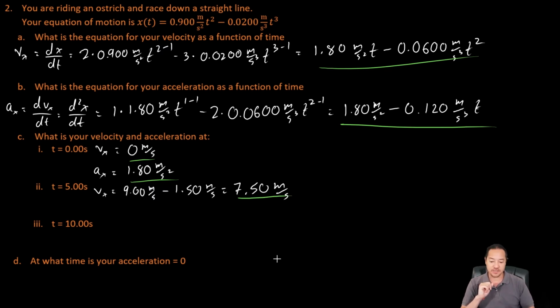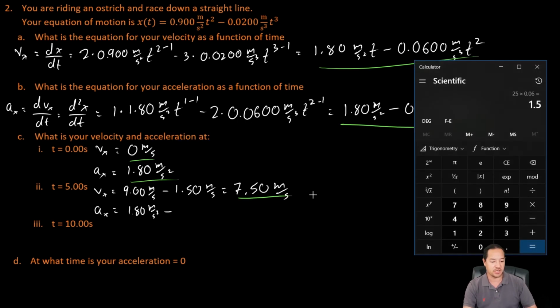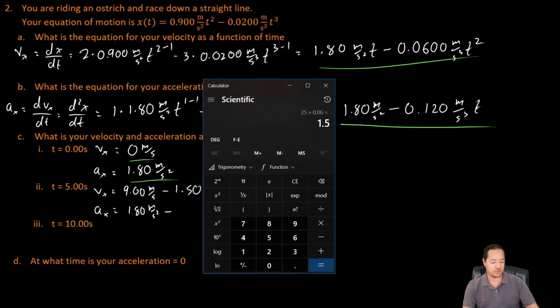Great. All right, let's look at our acceleration here. So our acceleration, we just have to plug in 5 seconds over here. So that's going to give us 1.80 meters per second squared minus, what's this going to be? Let's see, 0.12 times 5, that's going to be 0.6, isn't it?